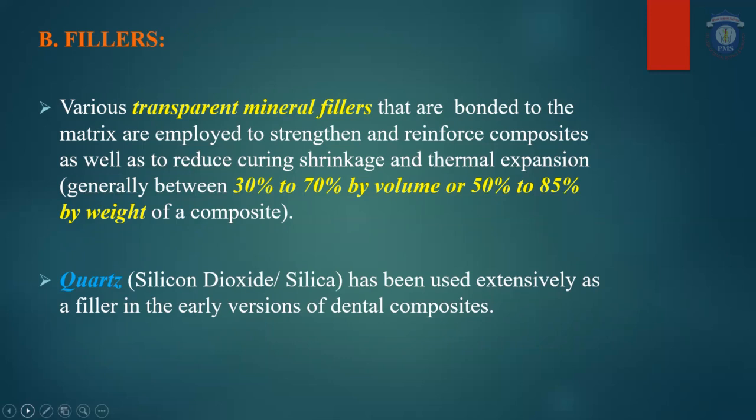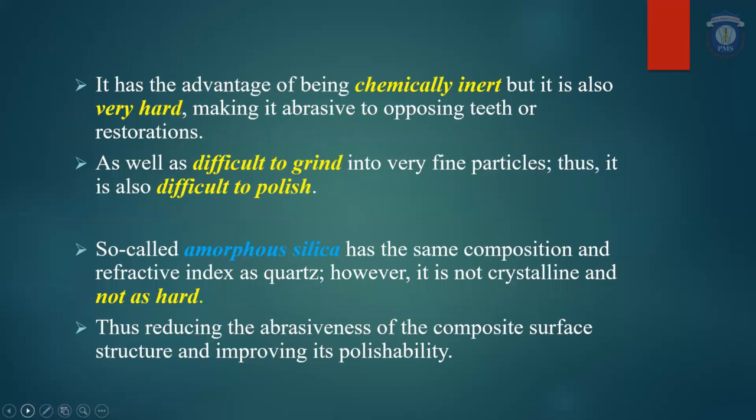Okay, so the most common filler used is quartz, or silicon dioxide, which has been used extensively in early versions of dental composites. Okay, so the filler particle extensively used is the crystalline form of silica, that is quartz. Now the advantage of quartz is that it is mechanically much superior.